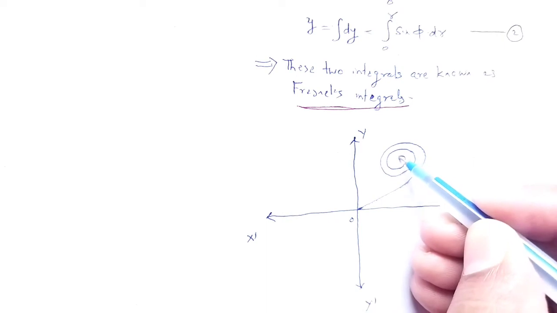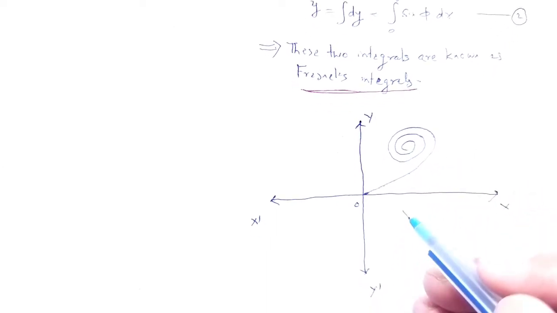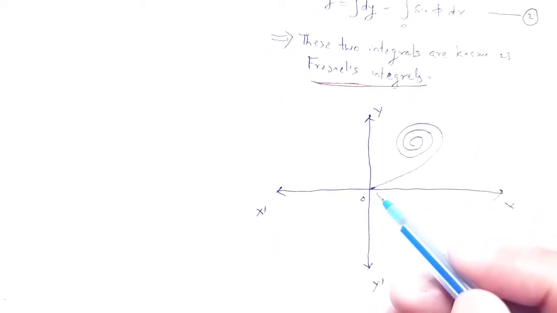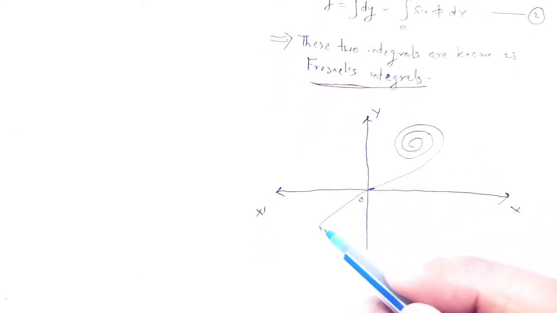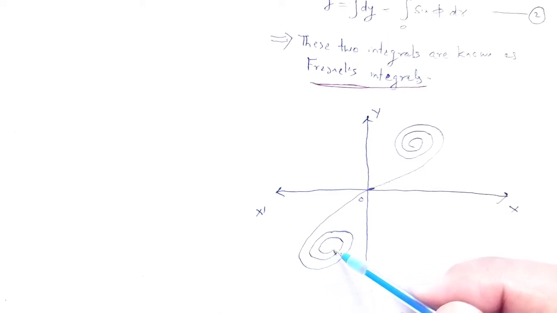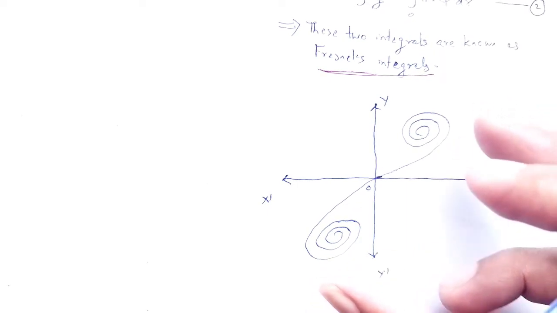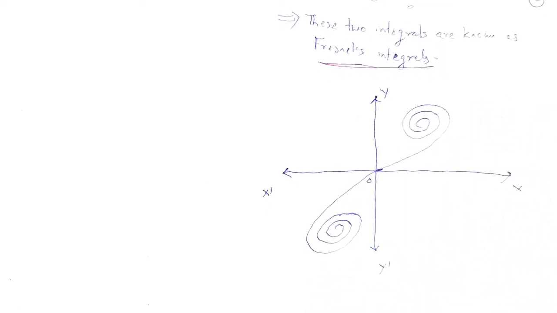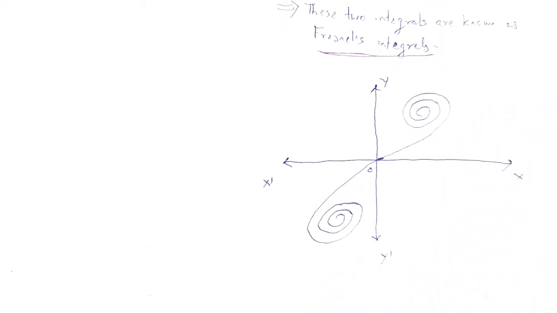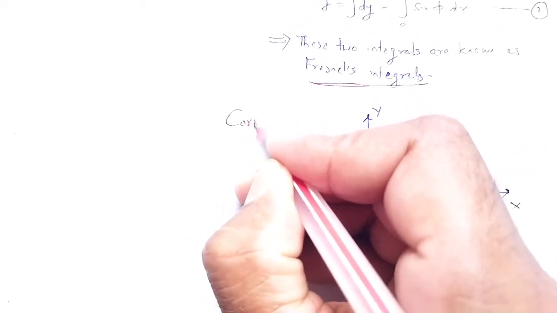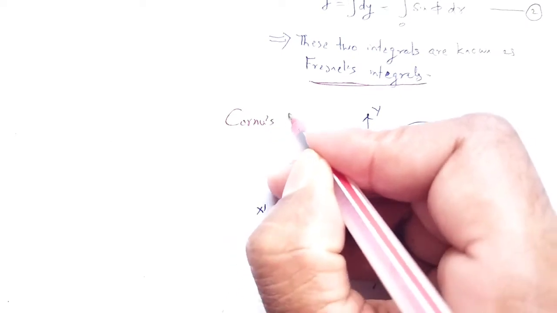See the figure for intensity distribution, and for y we have this figure. This figure is known as the Cornu's spiral.